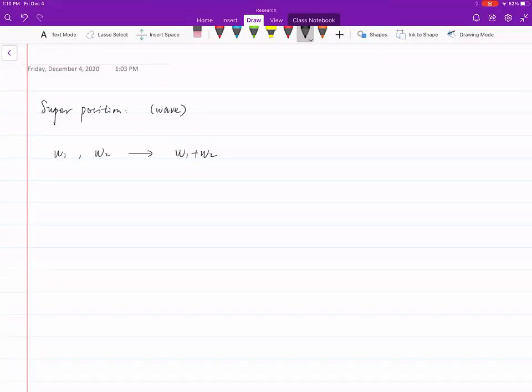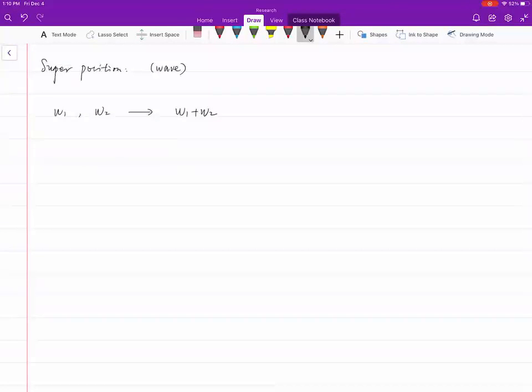What's the advantage of that? The advantage is if you have a wave which can be decomposed, let's say you have a wave that looks like this. And after that, you figure out, well, I can decompose this one into a linear combination of several modes, and each one is nice.